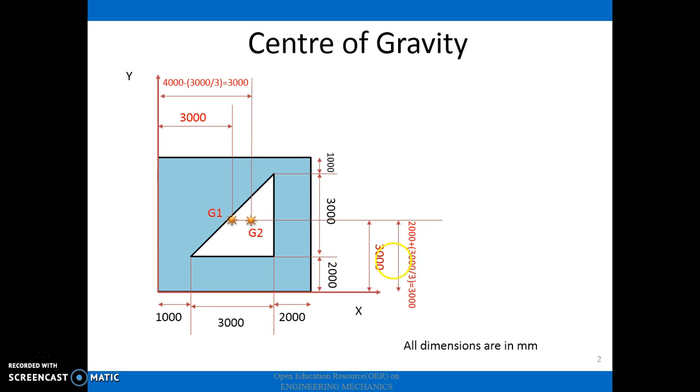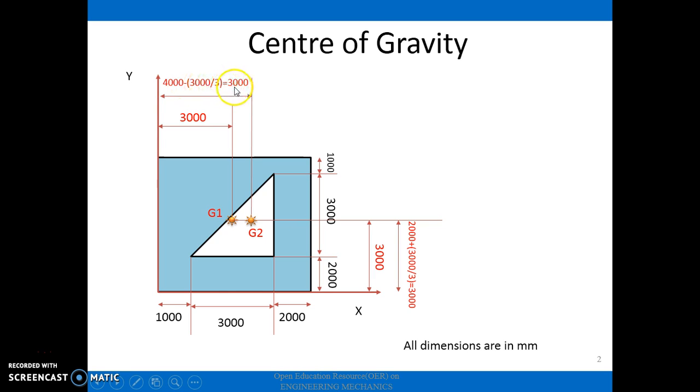You also have to remember that the width and the height of the triangle are B and H, and the center of gravity G2 is located at B by 3 and H by 3. The width is 3000, so 3000 by 3 gives you 1000. But we need to locate x from the Y axis, so you have to subtract that 3000 by 3 from 4000.